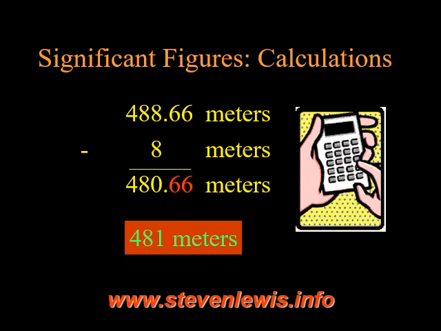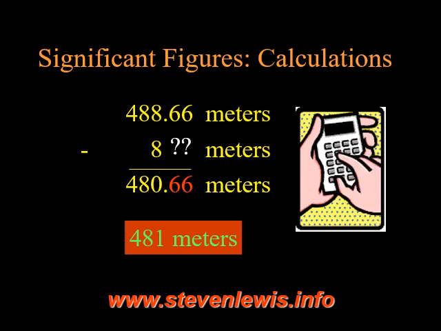Because the person who removed 8 meters of rope did not report any digits to the right of the decimal, which means we have no idea what those values are. They could each be 0, they could each be 1, or the first digit could be 0 and the other could be 5.